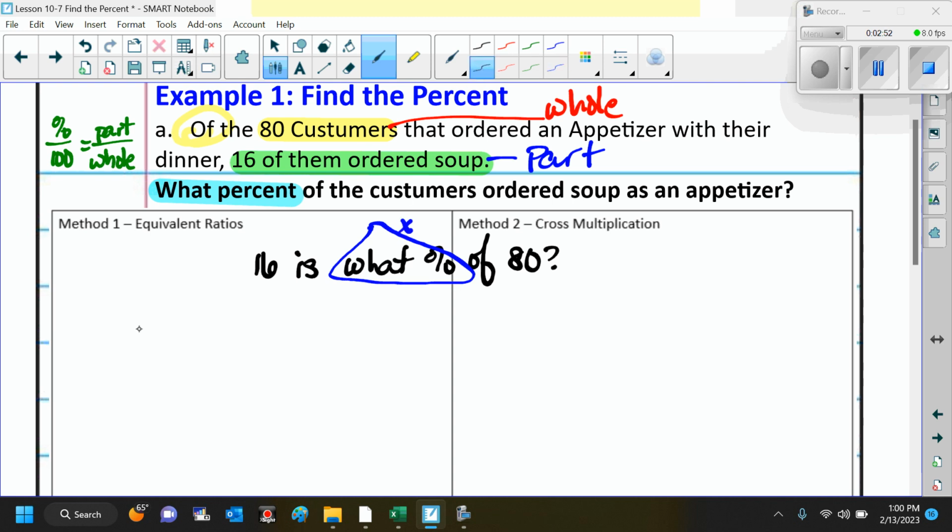So we're going to put x over 100. And then the part, that's the is number, that's 16. And the of is the 80. That's the whole. So here we've got 16 over 80.